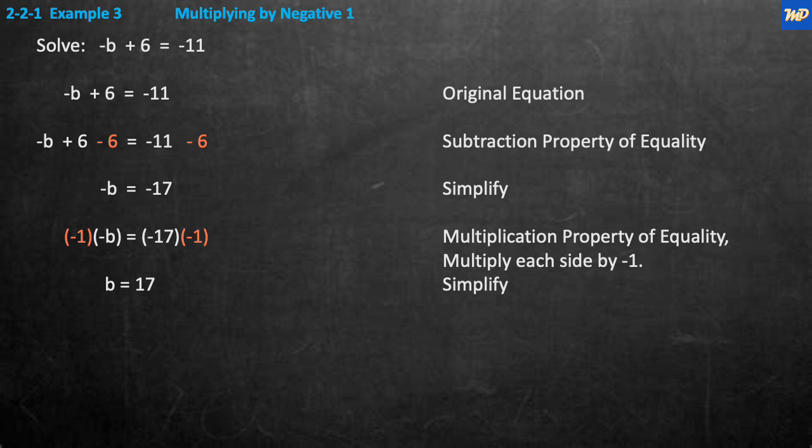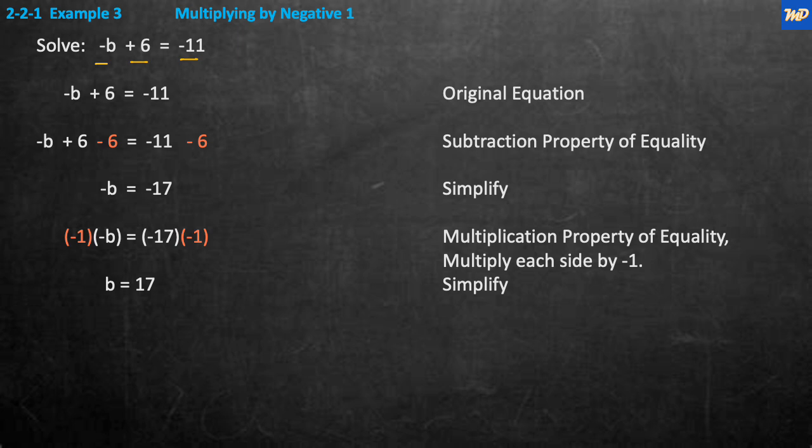Now you're going to see a case for it. We have: solve negative b plus 6 is equal to -11. I rewrote the equation just to make sure I'm dealing with the right problem. As before, I need to get the 6 away from the variable, so using the subtraction property of equality, I'm going to get rid of the 6.